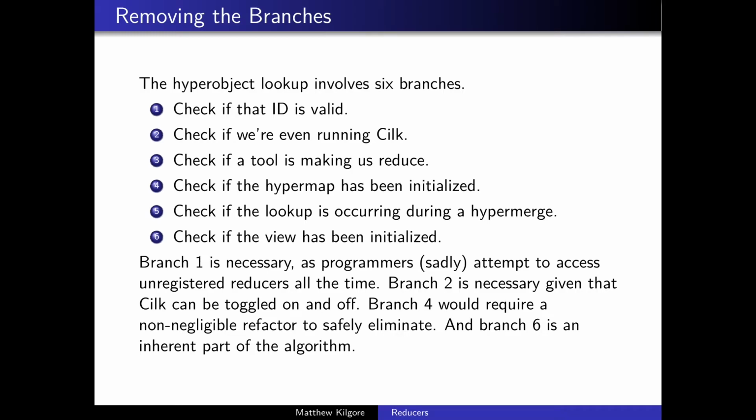Branch 4 would require a fairly, I don't really call it large, but a non-negligible refactor to the code to safely eliminate it. And branch 6 is an inherent part of the SPA algorithm.